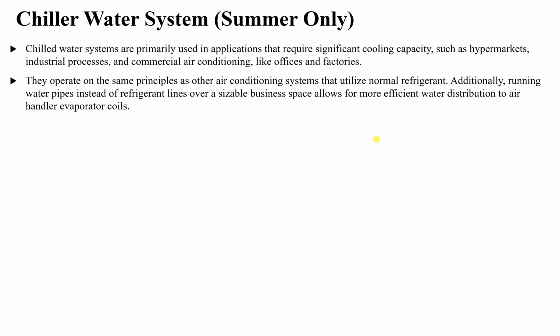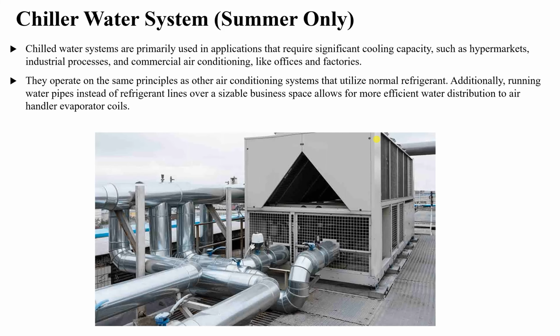So what exactly do I mean by this? We will have a large unit, like a chiller, here on the roof of the building. This one contains the components that we need, as we will see right now. But you have to understand that this chiller, which you see in this figure, operates only in summer. This is pretty important.